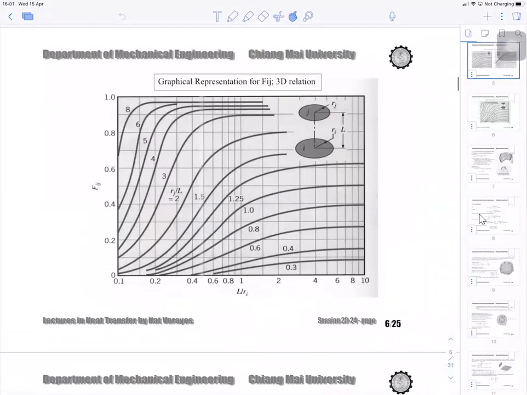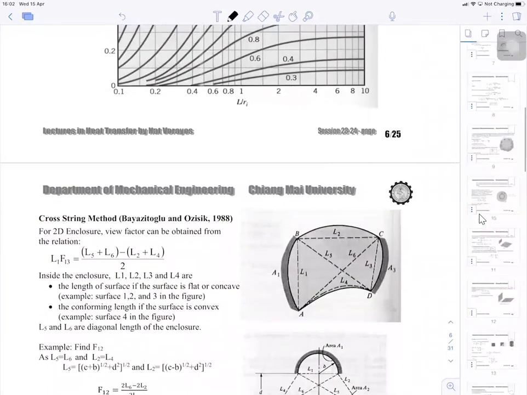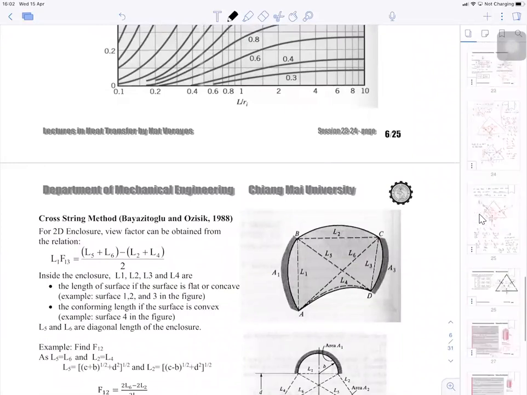You can find Fij. If Rj and Ri are equal, Fij is going to be equal to Fji anyway. Think of it carefully. It doesn't matter which one is on the top, 1 or 2. F12 is going to be equal to F21 anyway, because it's a tank. The radius at the top of the tank and the radius at the bottom of the tank are equal in our current problem.